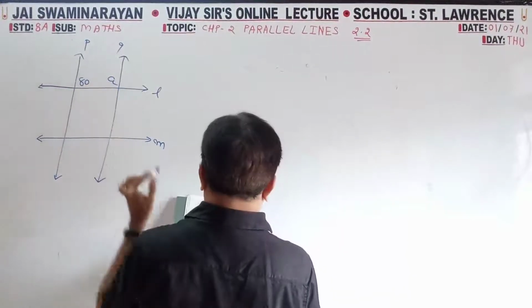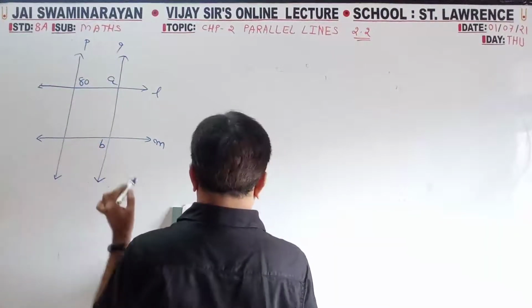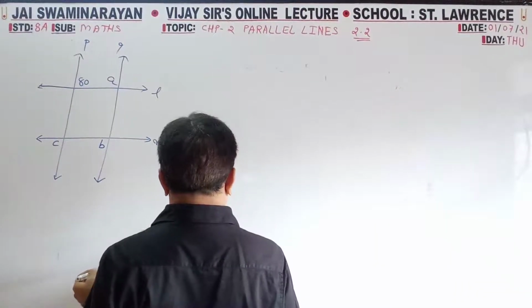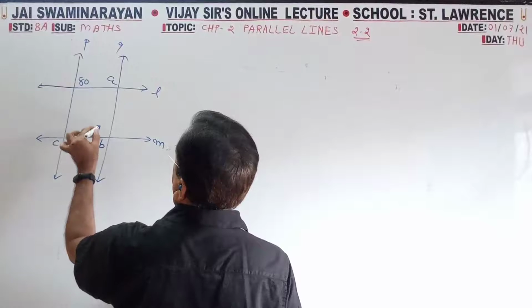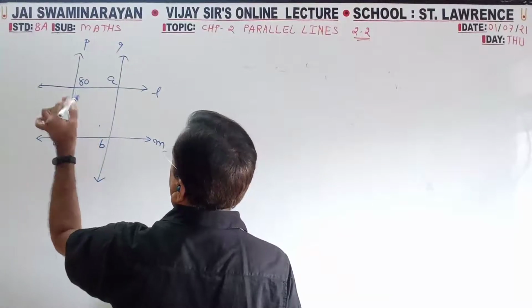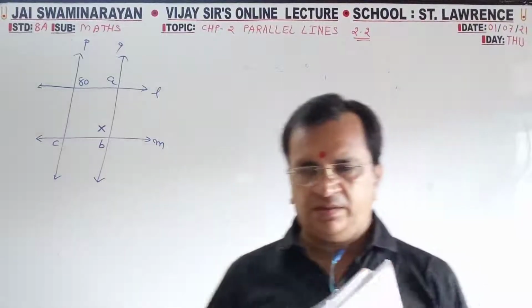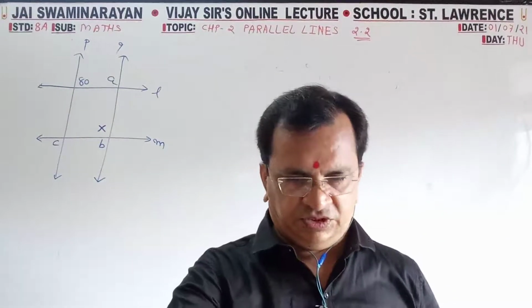This is A. This is B. This is C. And I will write this one as X for simple calculation.